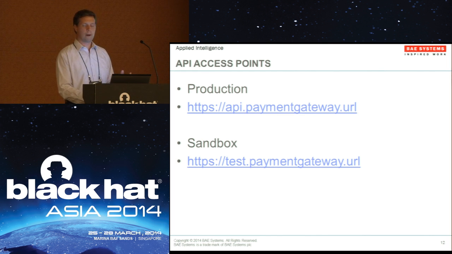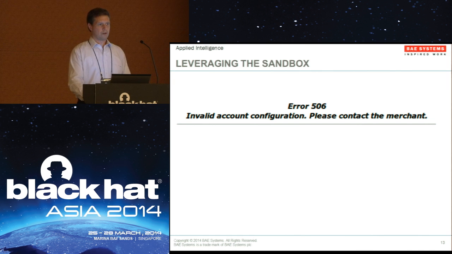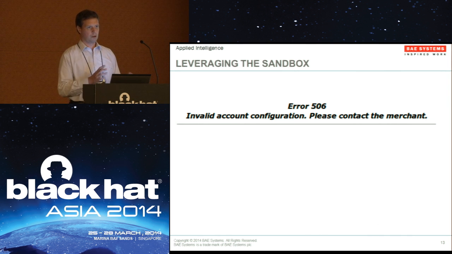But it won't throw up any flags in sort of fraud detection systems typically, because they don't monitor the development. So an example of that is trying to bypass or playing with an actual redirect type payment. The sandbox goes, you got invalid account configuration, please contact the merchant. And so you can tweak your exploit against the sandbox until that works, and then move on to production from there.